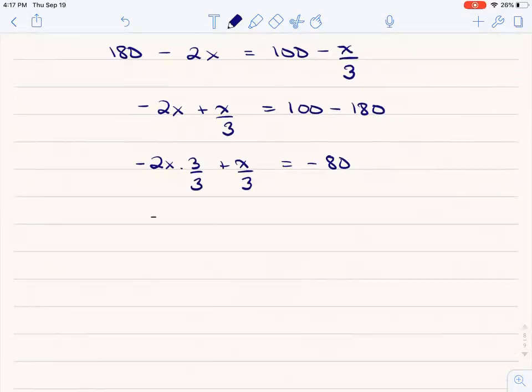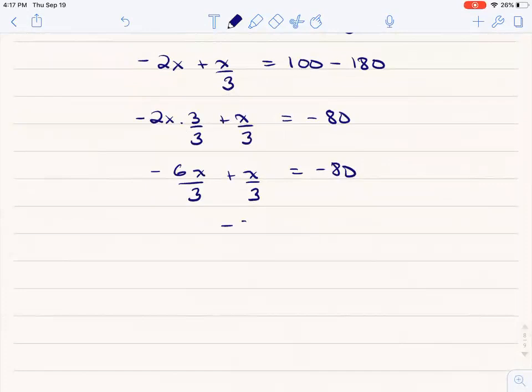Then I have negative 6x over 3 plus x over 3 is negative 80. I can combine the top: negative 6x plus x is negative 5x over 3 is negative 80.